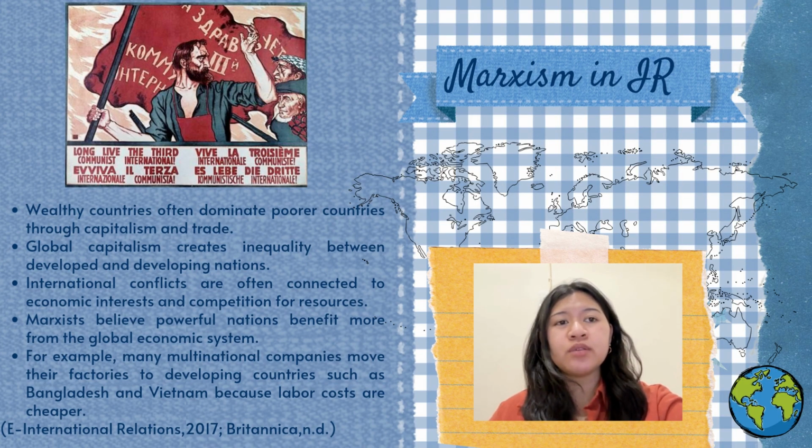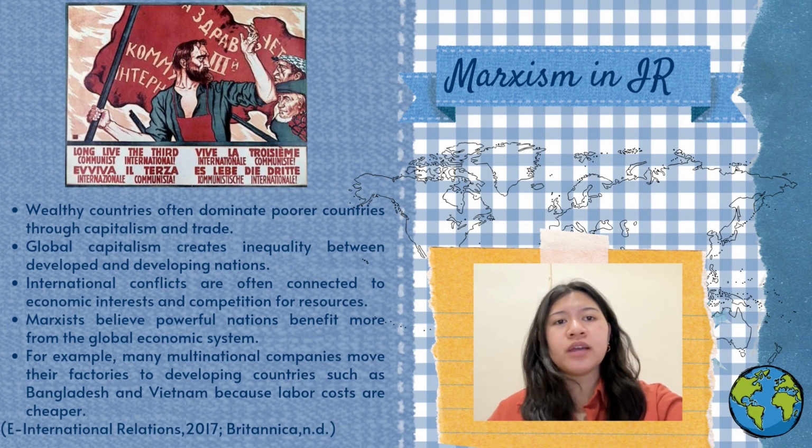Marxists argue that this creates inequality between nations because rich companies continue getting more wealth and power. Marxism also explains that many international conflicts are connected to economic interests such as resources, trade, and profits.